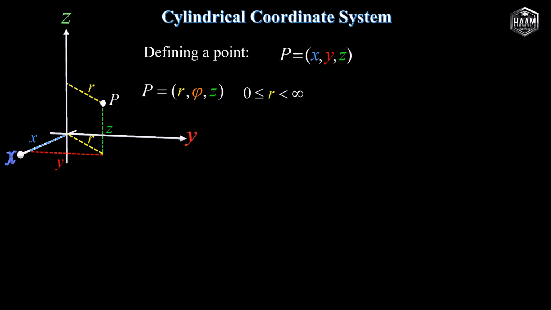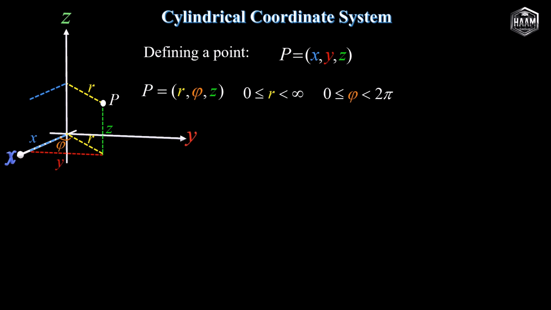The angle formed between the x-axis and R is denoted as phi, where the minimum value is 0 and the maximum value is 2 times pi radians or 360 degrees. This angle can also be determined from the projection onto the x-axis.